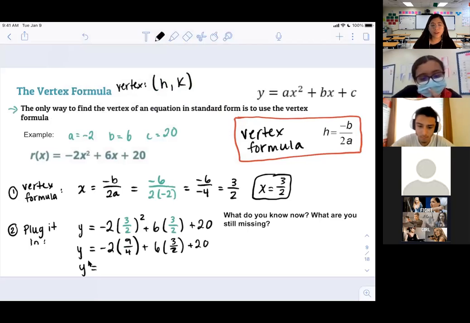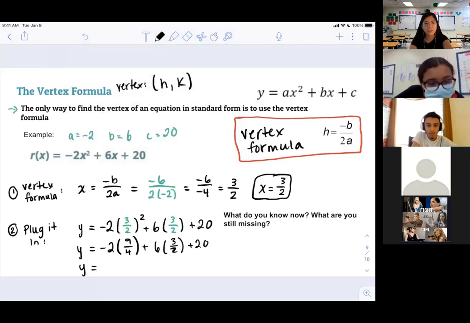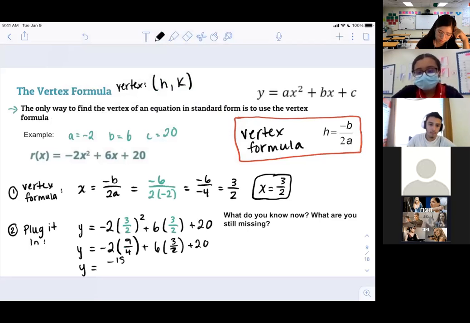18, well, careful, we have to multiply only the numerator. So it's negative 18 over 4. Keep the denominator. What about here? 6 times 3 over 2.